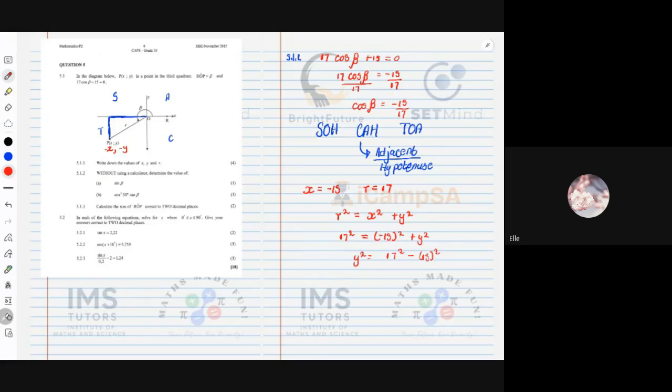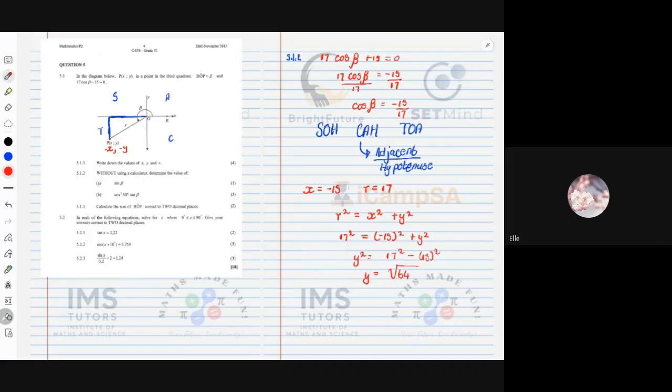We know that if we square this negative number, it's essentially gonna result in a positive number. So negative times negative is positive, hence why I didn't include the negative sign again here. So y squared is equal to 64, if you punch it in a calculator.